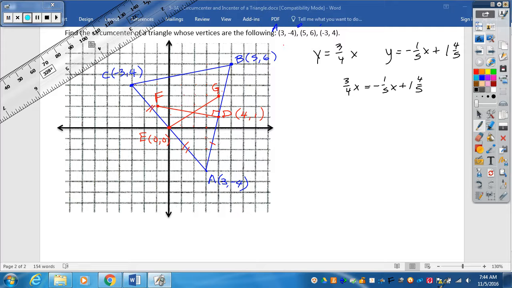one thing we could do is multiply everything by a number that 4 and 5 both go into, so that we can get rid of those fractions.